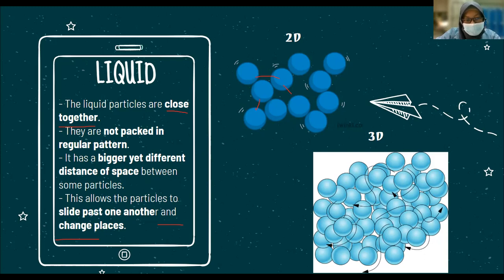This is the reason why when you pour liquid into different containers, the liquid will take the shape of the container, because the particles can slide past one another. They don't have any fixed shape, so the particles can change their places.